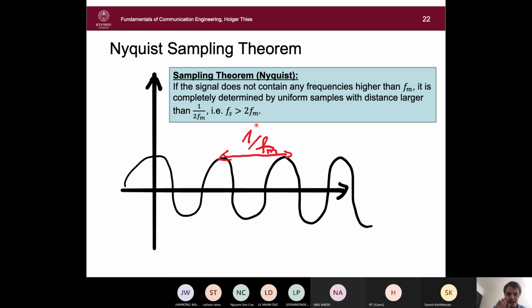So that means if we use as a sampling frequency more than double of the message frequency, we can reconstruct the signal perfectly. If we take points at distance a little bit less than half of this time period, then we can reconstruct the signal perfectly.